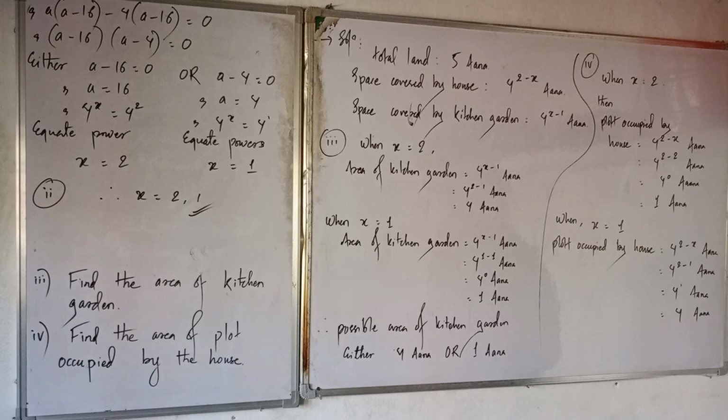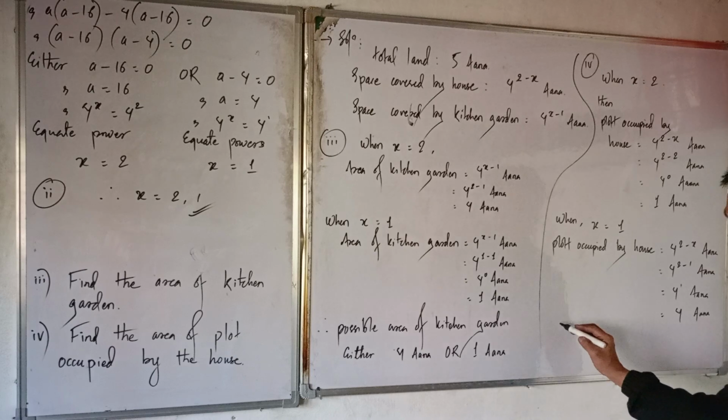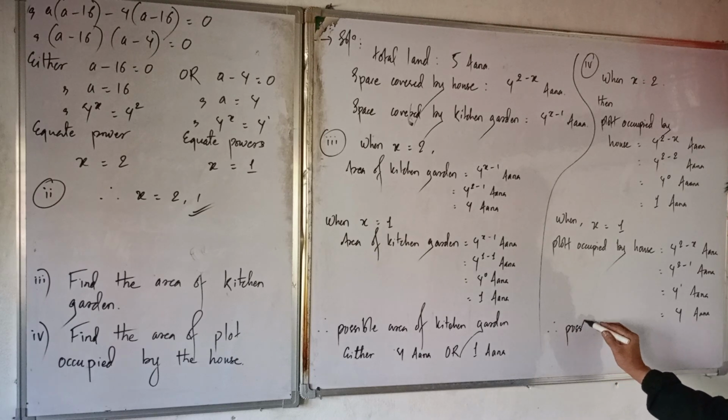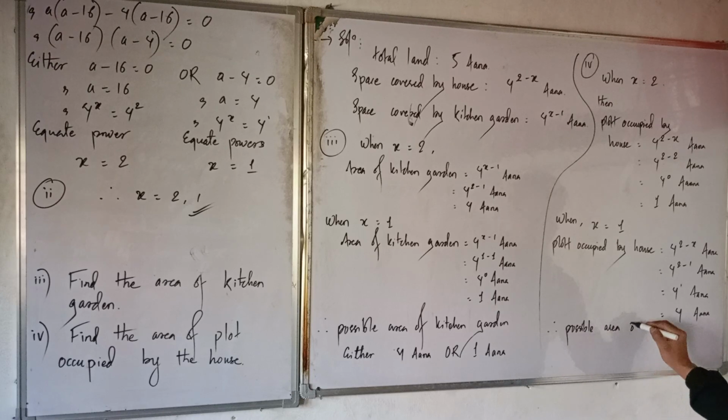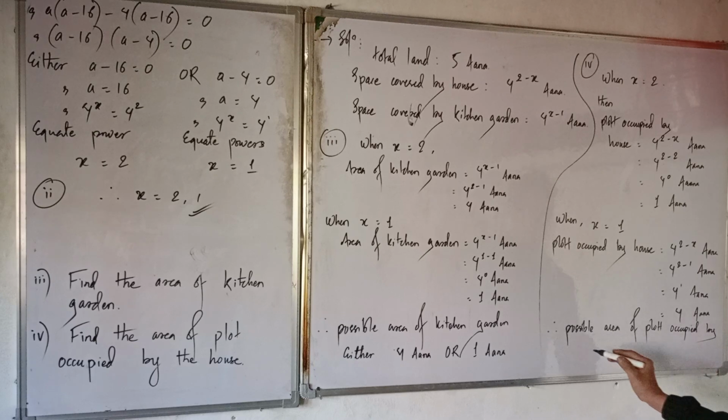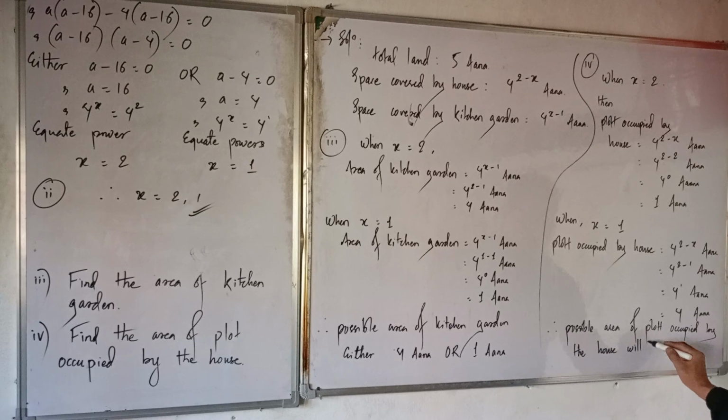So the possible area of the plot occupied by the house will be either this 1 Anna or 4 Anna.